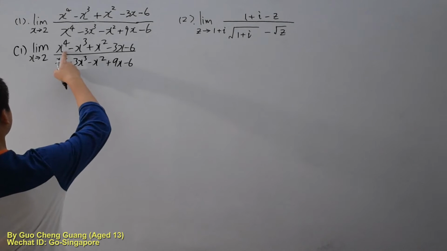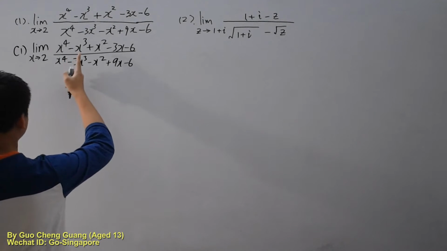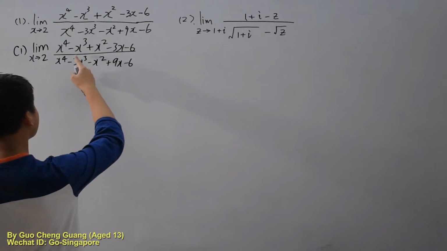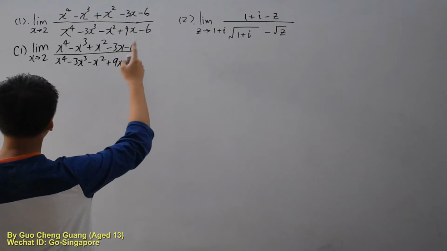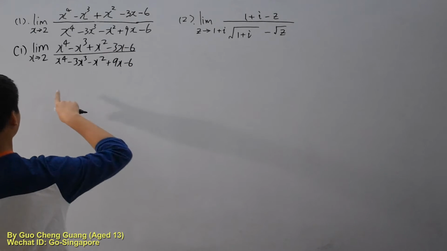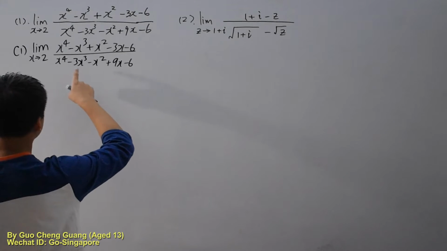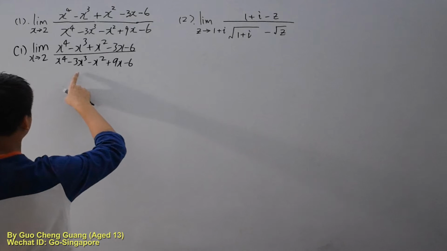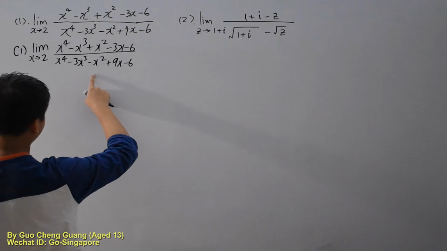Here, 2 to the power of 4 would be 16. So 16 minus 8, you get 8, and 8 plus 4 is 12. And 12 minus 6 minus 6 is 0 on the numerator. Then on the denominator, 2 to the power of 4 is 16, so 16 subtract 24 gives you negative 8, and then negative 12.